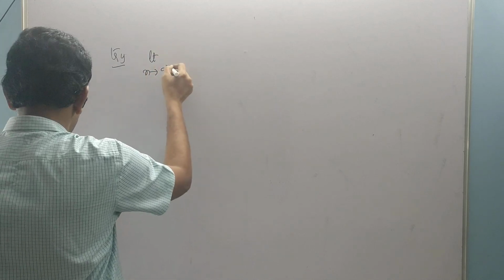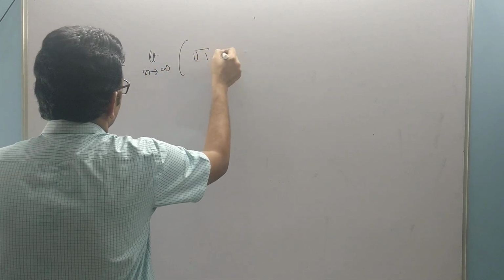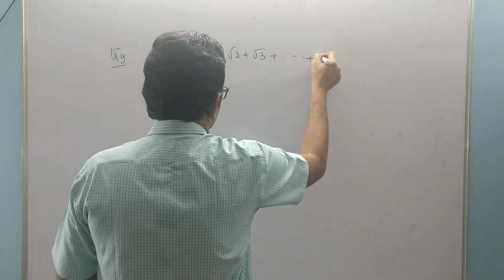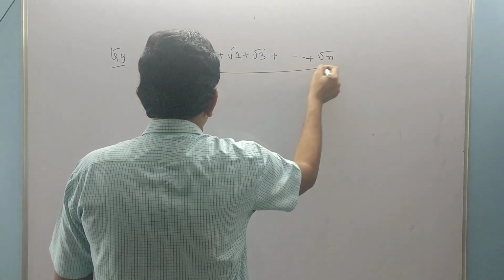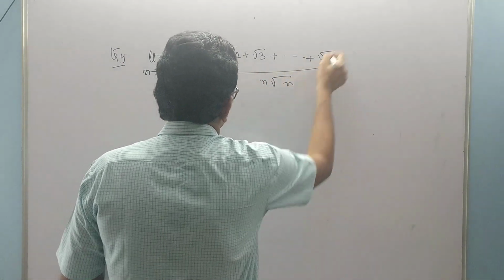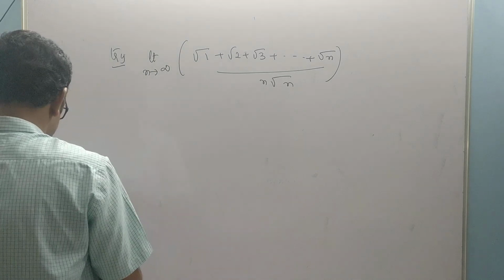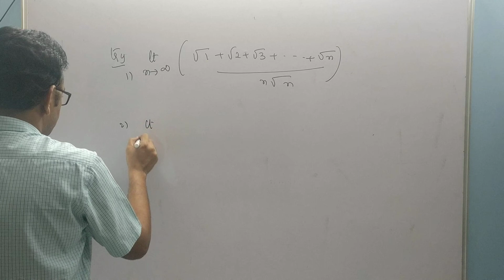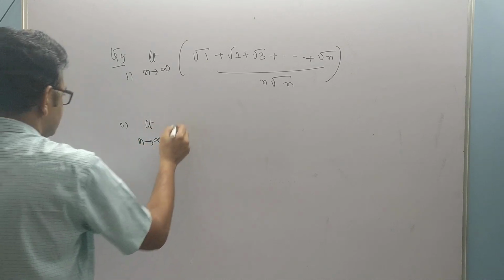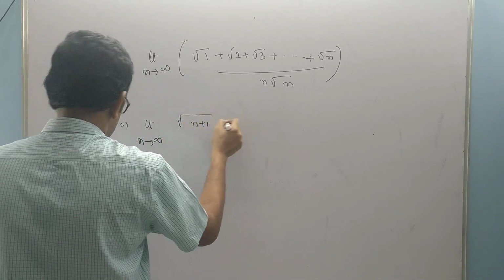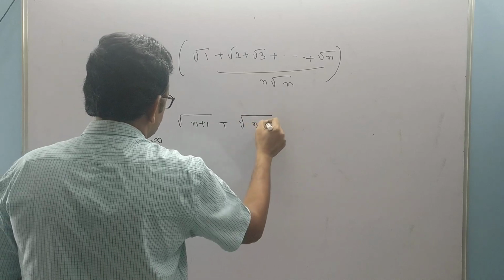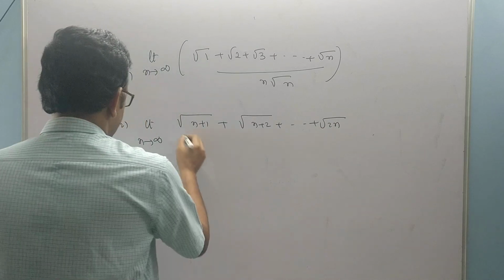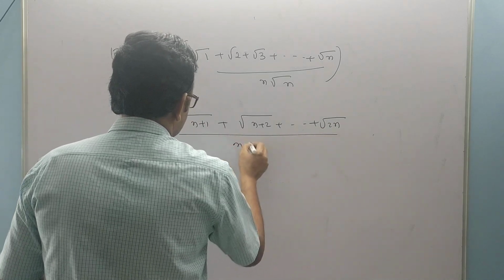Limit of n tends to infinity, root 1 plus root 2 plus root 3 and so on up to root n, by n root n. Next one, limit of n tends to infinity, root of n plus 1 plus root of n plus 2 plus and so on up to root of 2n, by n root n.